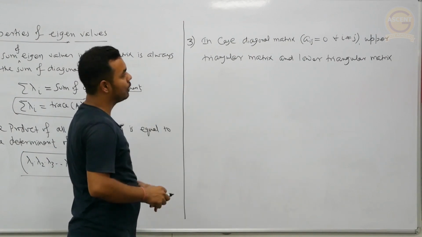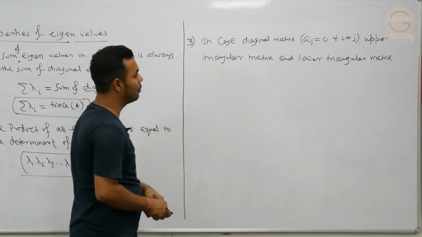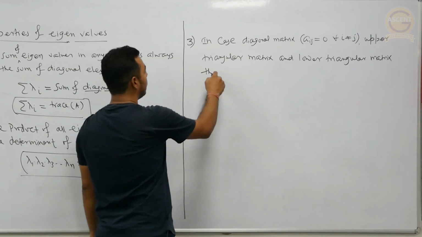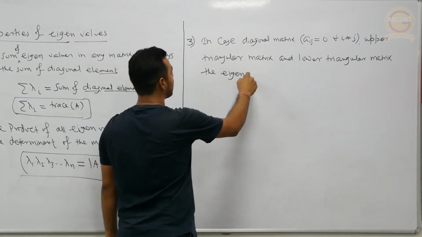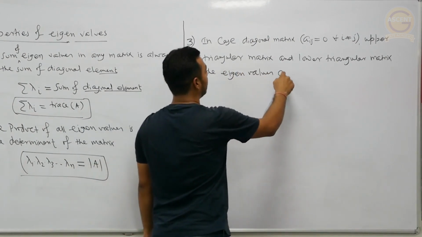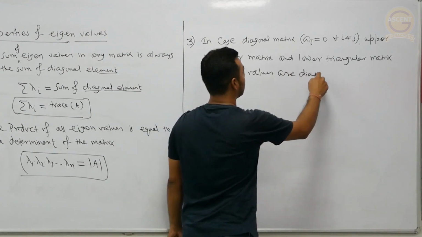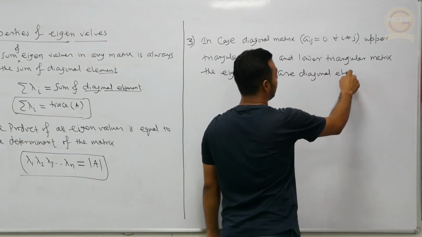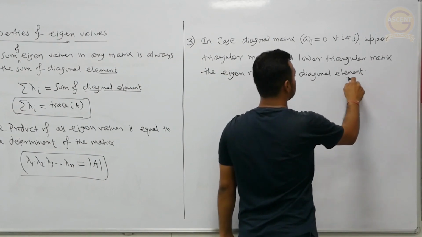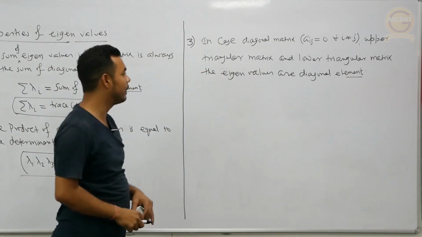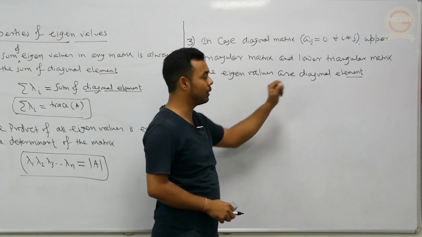So in case of a diagonal matrix, upper triangular matrix and lower triangular matrix, the eigenvalues are the diagonal elements. So this is again a very, very important property. In case of these matrices, you don't have to calculate the eigenvalues. The eigenvalues will be simply the diagonal elements.